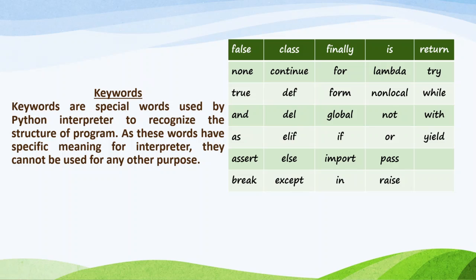Here is a table of keywords: False, class, finally, is, None, continue, for, lambda, try, True, def, from, etc. In the last topic, we saw an invalid identifier: continue is a keyword, so we cannot use it as an identifier. Any of these words cannot be used as an identifier.